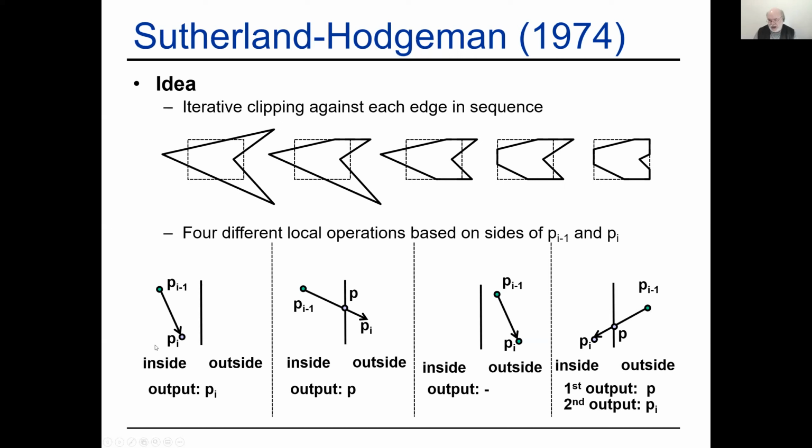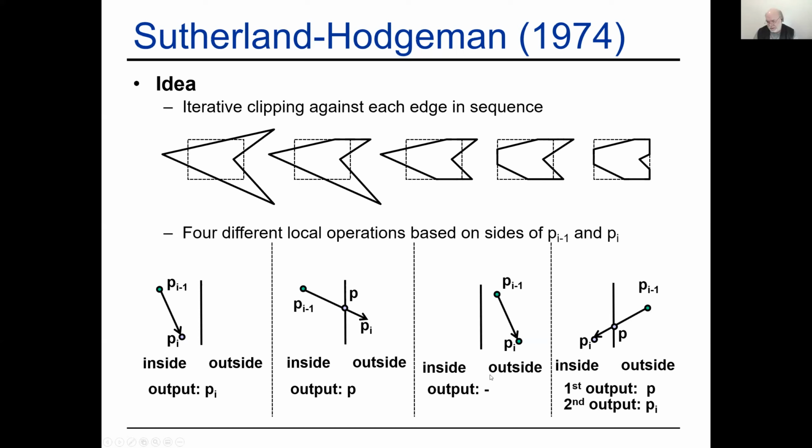In this case, you output the current point, whatever you did with the previous point, and you output the current point pi here. The second case is the previous point was inside, but the current point is outside. In this case, you compute the intersection point P here, and you output that point. So you remember the point where you left with respect to the current edge.